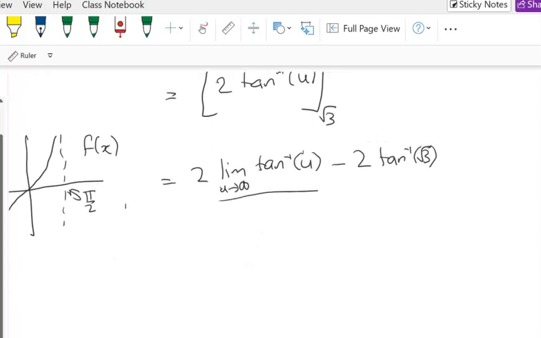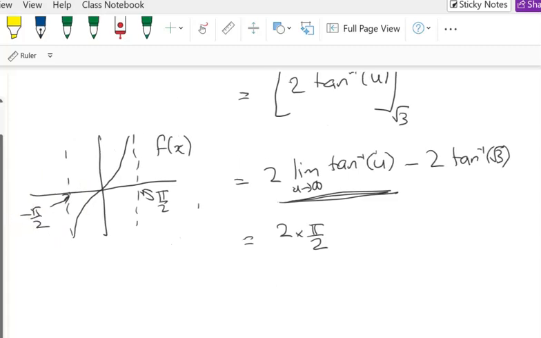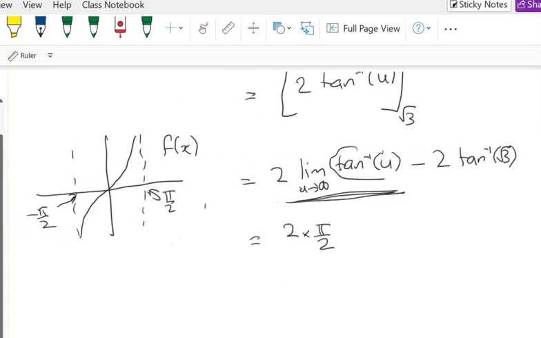In here, what angle is going to give us a tan of infinity? Well, that's going to be 2 times pi on 2. So you don't have to draw the tan inverse graph to do that. You can just use your basic graph and think about what tan inverse means. Right, so looking in here, what value of the angle is going to give me infinity up here? So that's where the pi on 2 comes from.